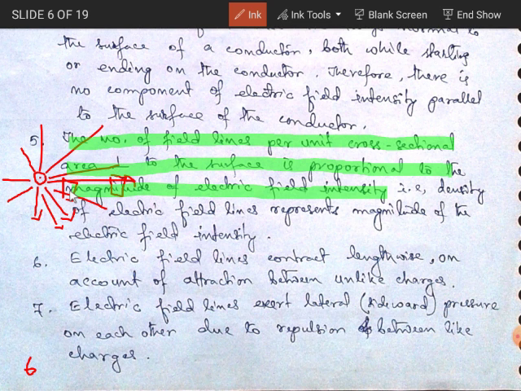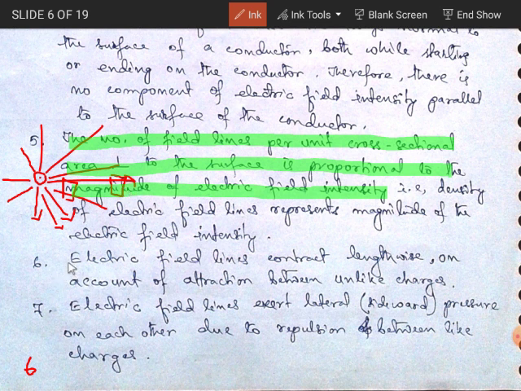So the region where the number of field lines passing through a given area perpendicular to it is more has a stronger field than the one having fewer field lines passing through the same area. Got it? Yes, that is the meaning.